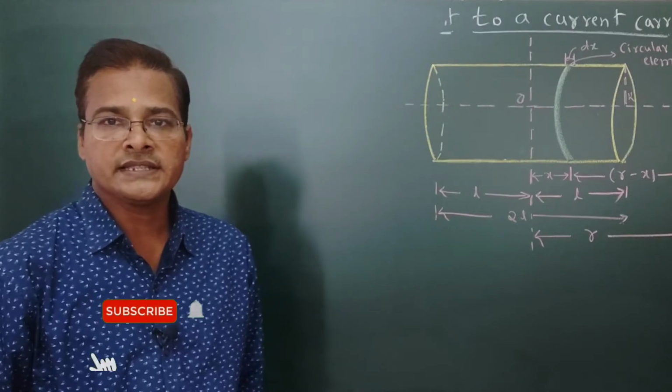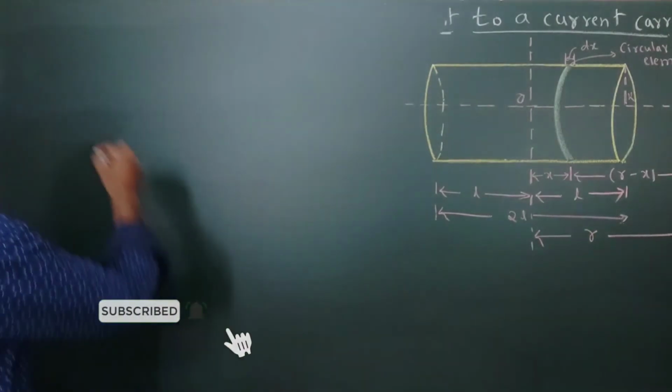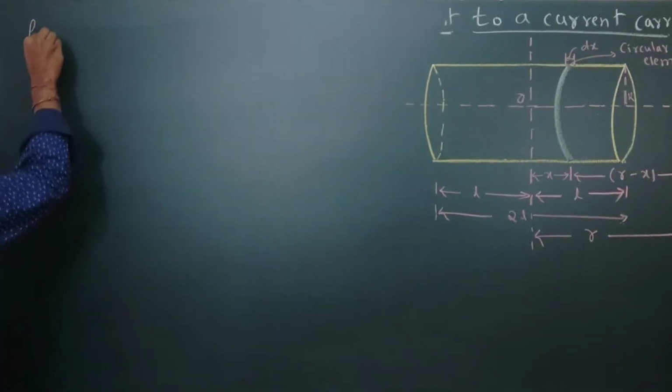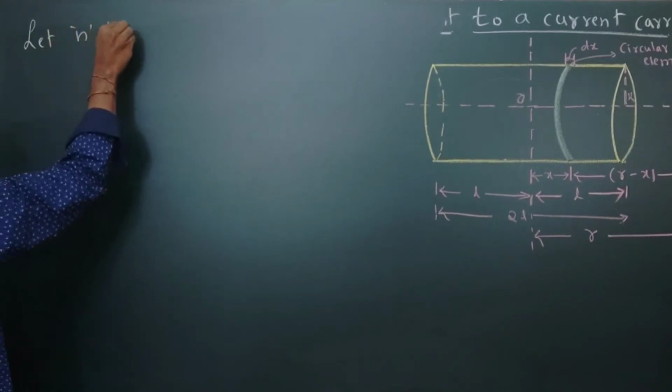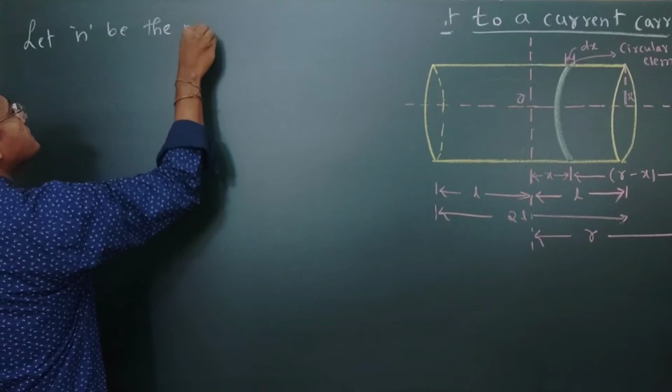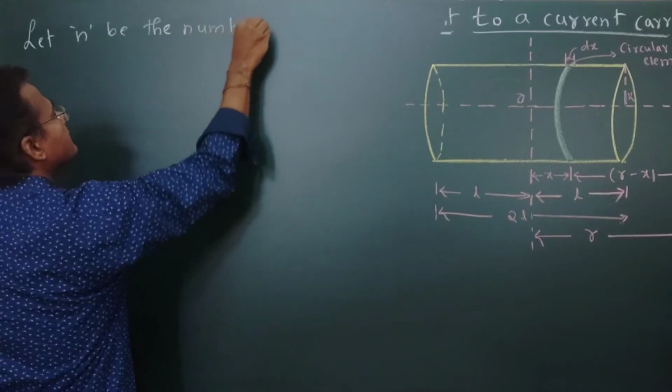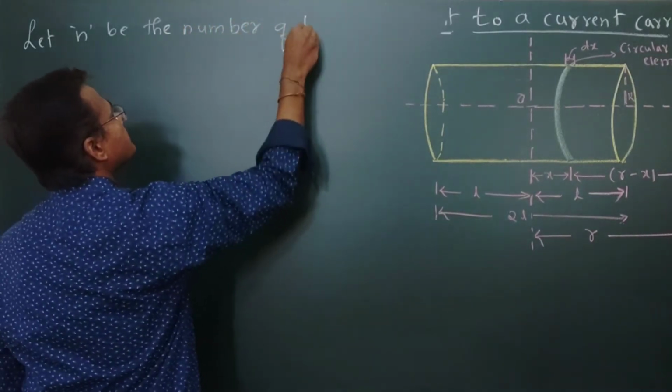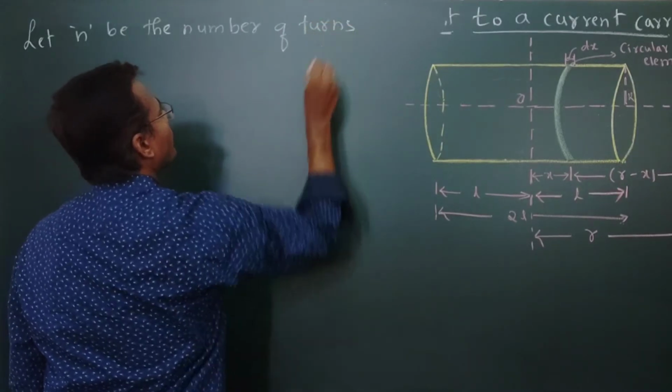Now let small n be the number of turns per unit length.